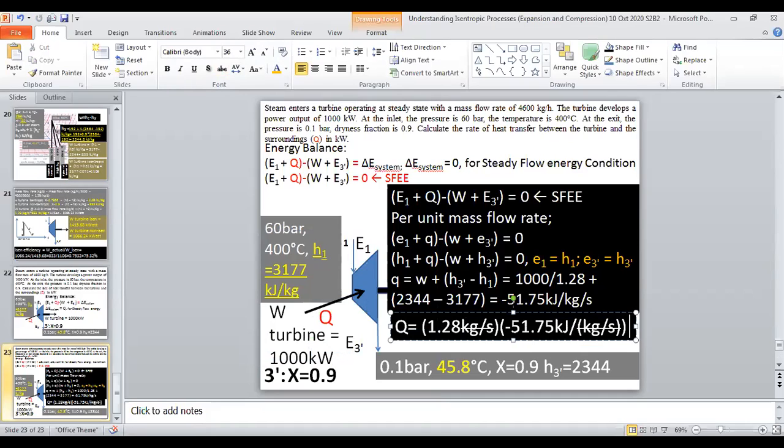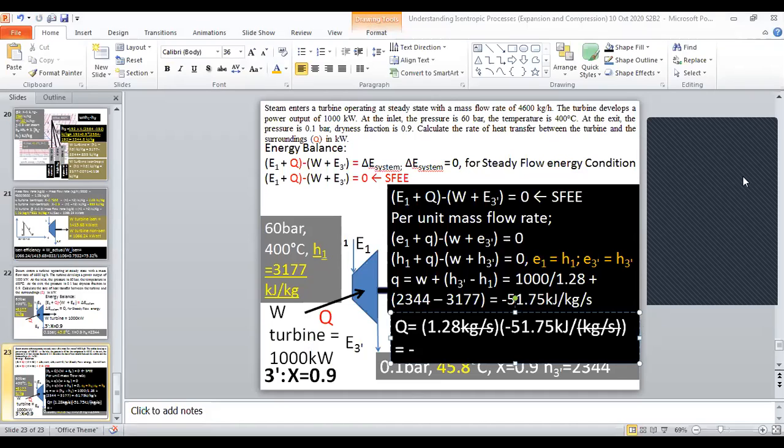So you will have a value that is minus 1.28 times 51.5.